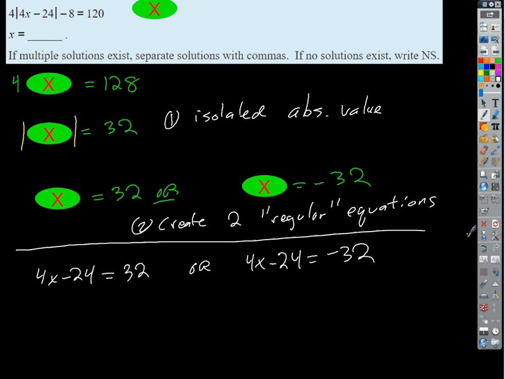But we don't even look to see what's in the absolute value until we've gone through those first steps. So we've isolated it and traded for two equations. Now we look inside. What are the two steps going to be to isolate x? Add 24 and then divide by 4. I'm going to do the same stuff to both of the equations. I'm starting with different values on the right, so I'll get different solutions, but the algebra steps look the same.